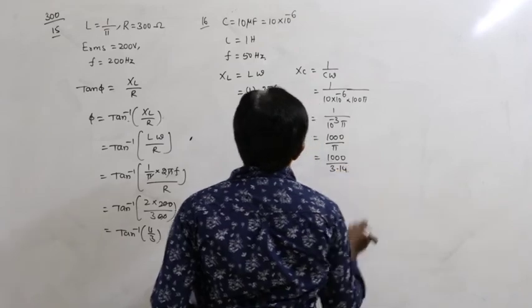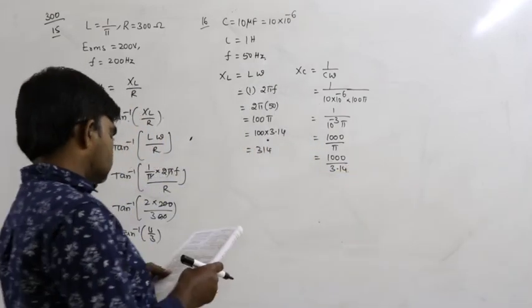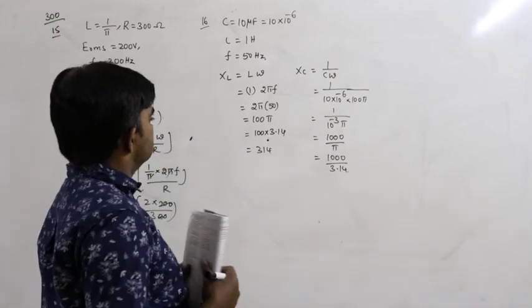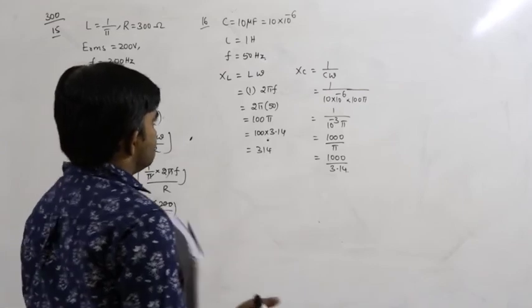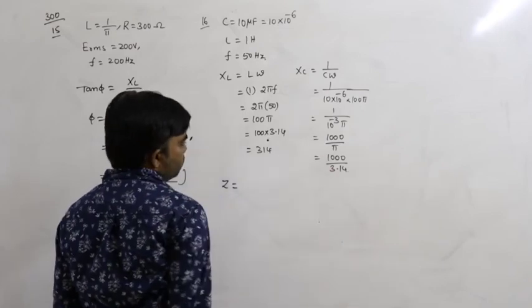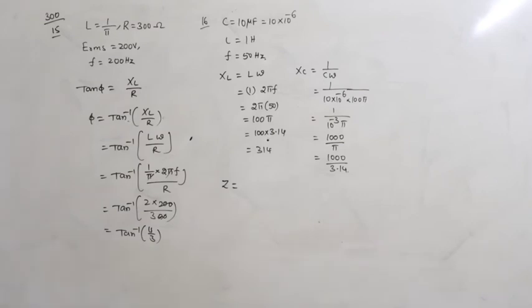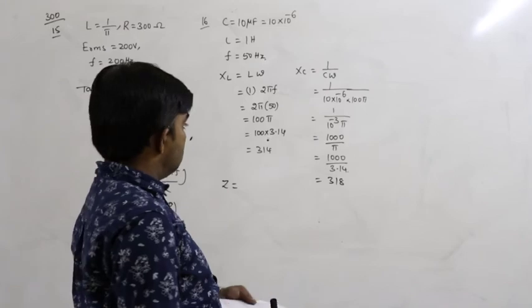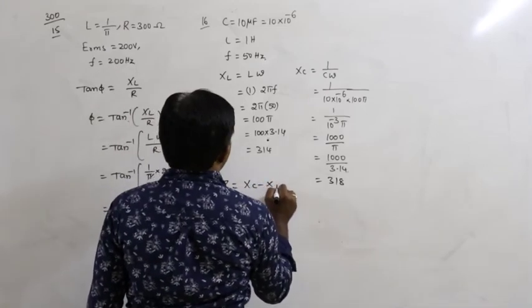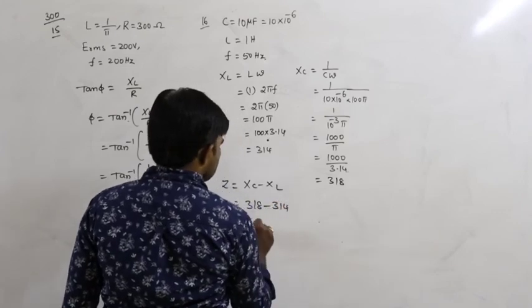And 1000 by 3.14 is approximately 318. Impedance is the difference, XC minus XL, because it is 318 minus 314. So approximately it is 4 ohms.